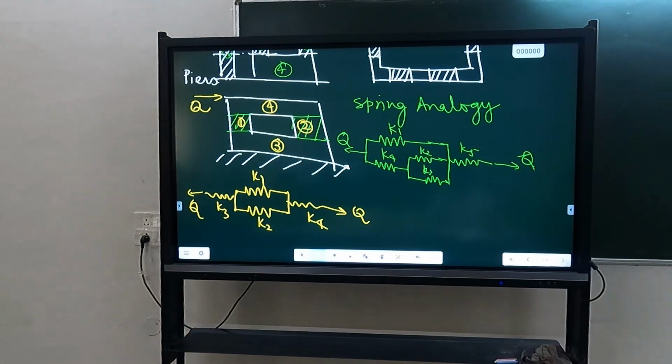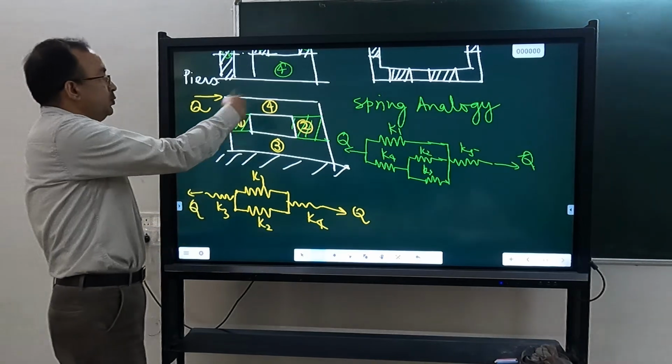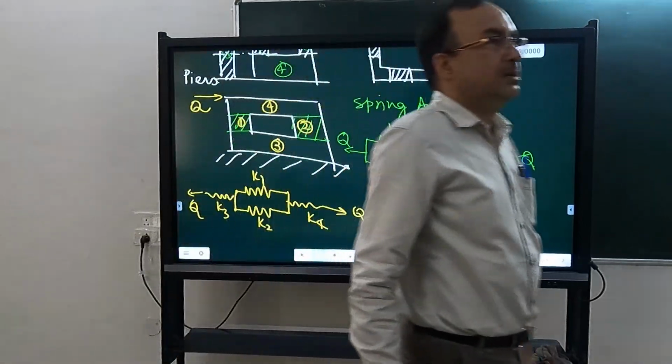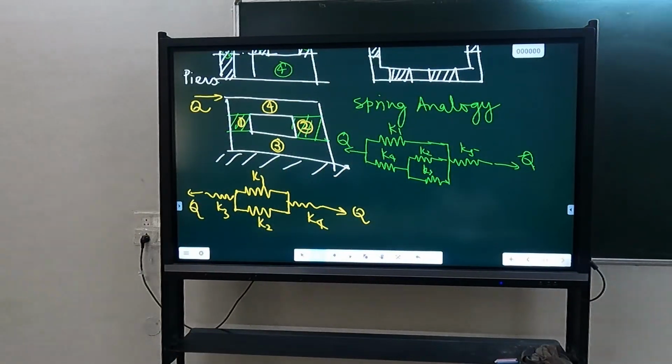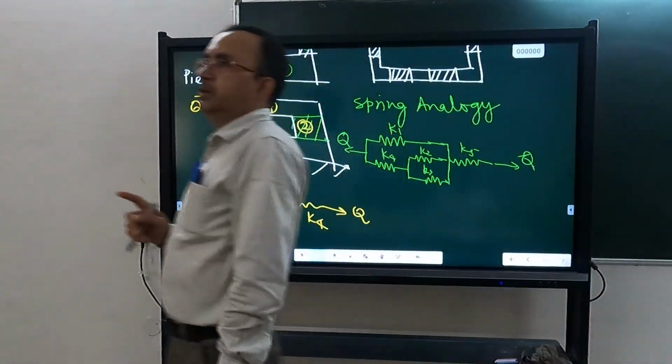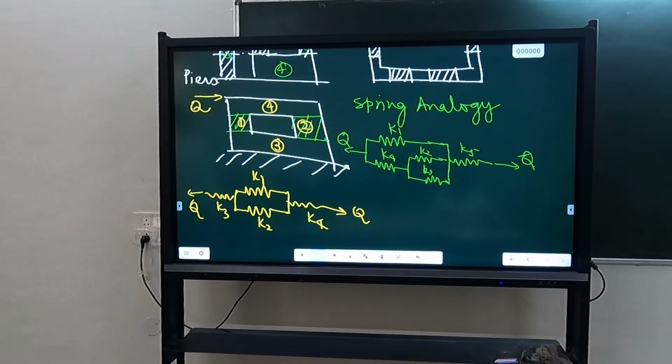So like that you can develop an equivalent spring system for a wall. Okay. You can calculate the stiffness of the wall provided you know the stiffness of individual pier.